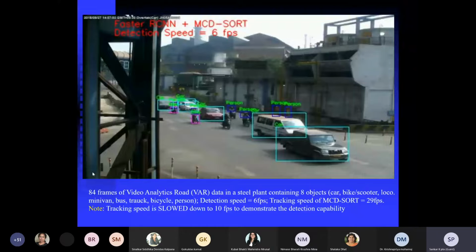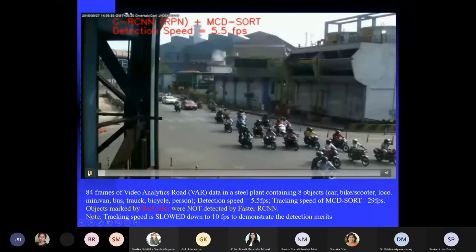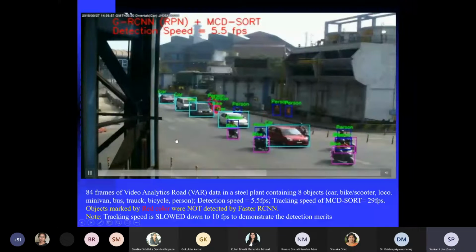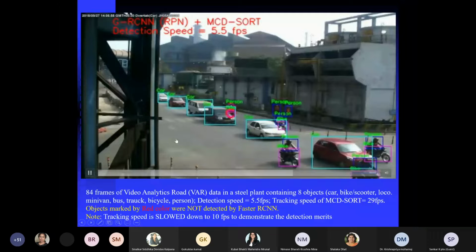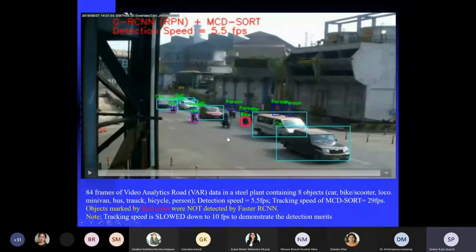Similarly, we have got GRCNN. Here you see that the red color marks were not detected by faster RCNN. The red color means these are only detected by GRCNN. They are not able to be detected by faster RCNN. That is the beauty. This is a man, it's a person, bike.